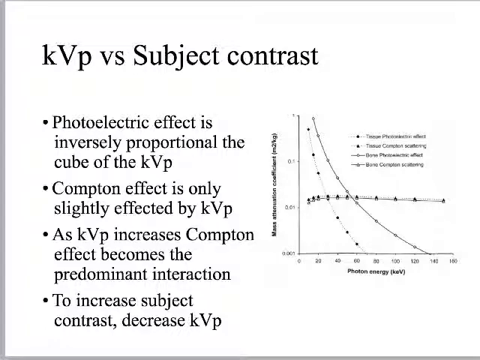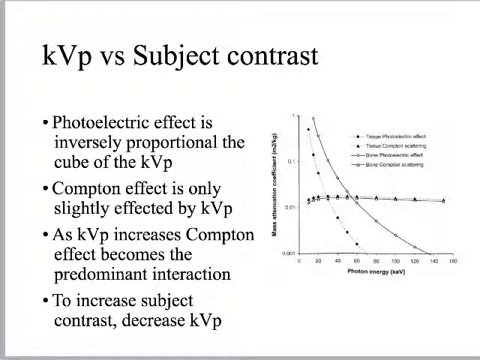So that's what we see it doing here on this graphic. The two lines that represent KVP are these ones that are falling off really quickly. The differences between them that you can see are the difference between tissue and bone. But it falls off real quickly. That's what inversely proportional to the cube means.